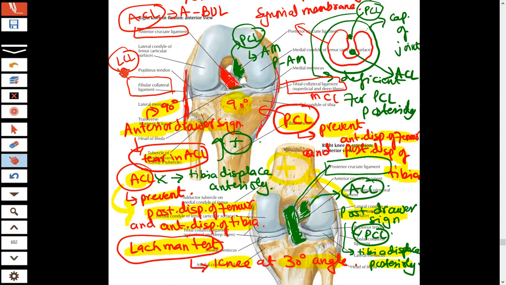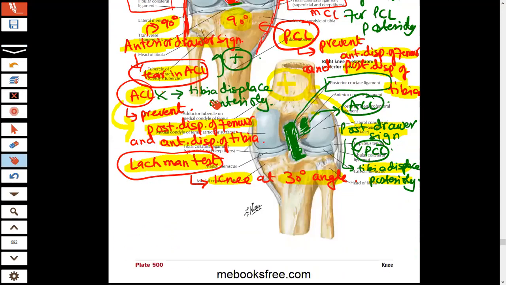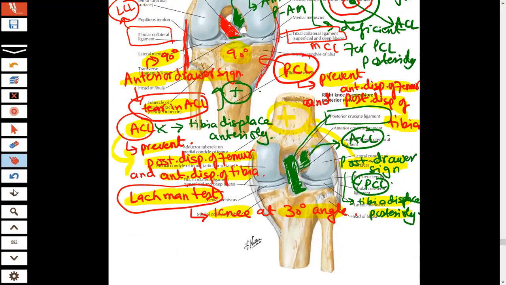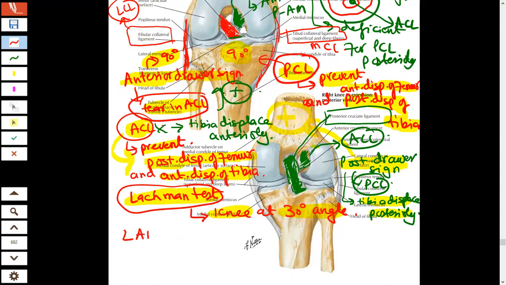There is also a mnemonic for this. Yes, it has been asked many times in your examination, so you must understand all these things. Okay, so one mnemonic is here. What is the mnemonic? The mnemonic is LAMP. LAMP. Okay, so see here. L is your what?